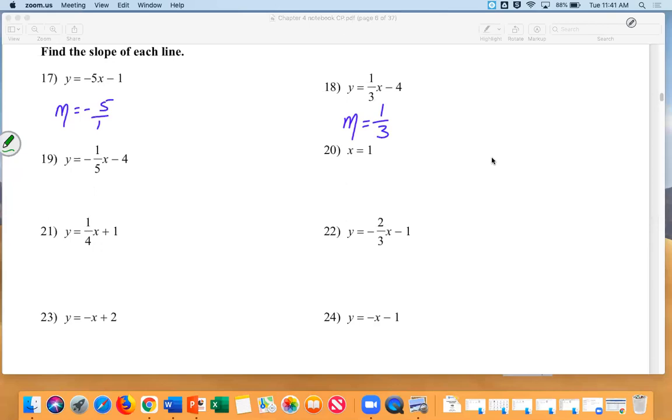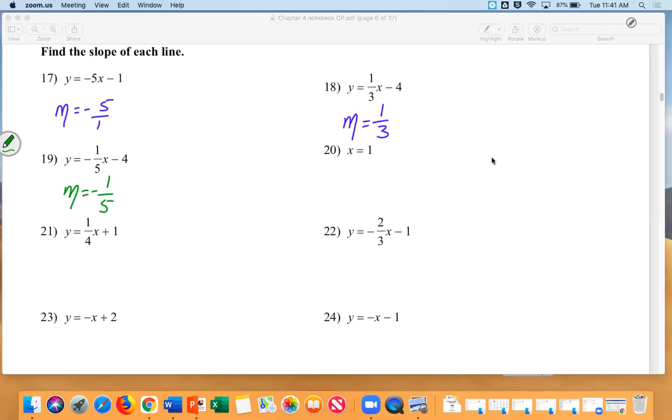Maddie, what about 19? Very good, negative 1/5. And 20, Maddie? You don't know, and that's okay.